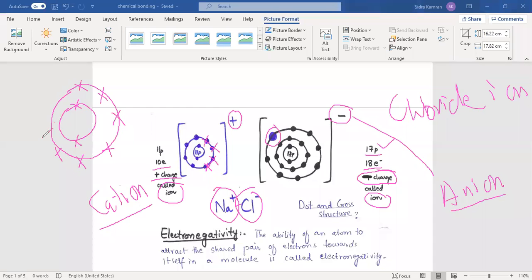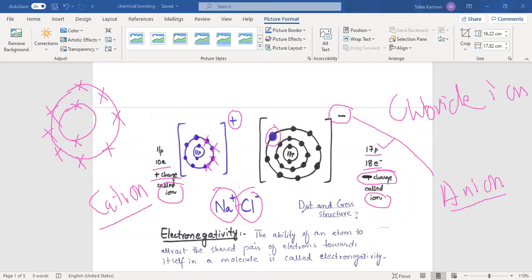Always remember this, you have to draw a dot and cross structure. If they do not ask about the dot and cross structure, you have the option to draw with dots. But it is very good to draw a dot and cross structure because mostly in the exam they ask about it.